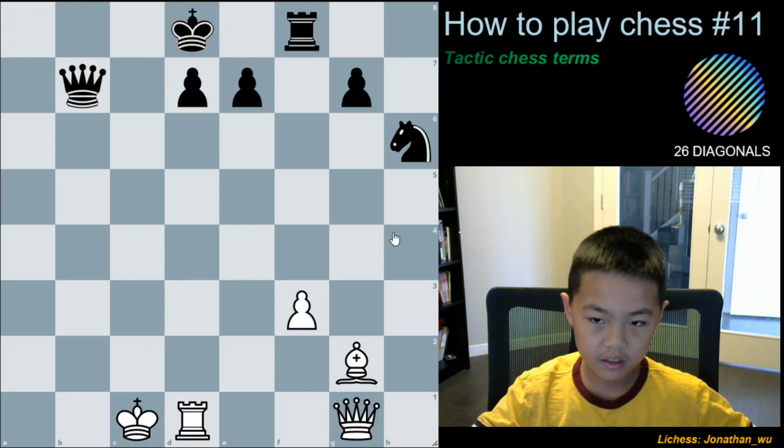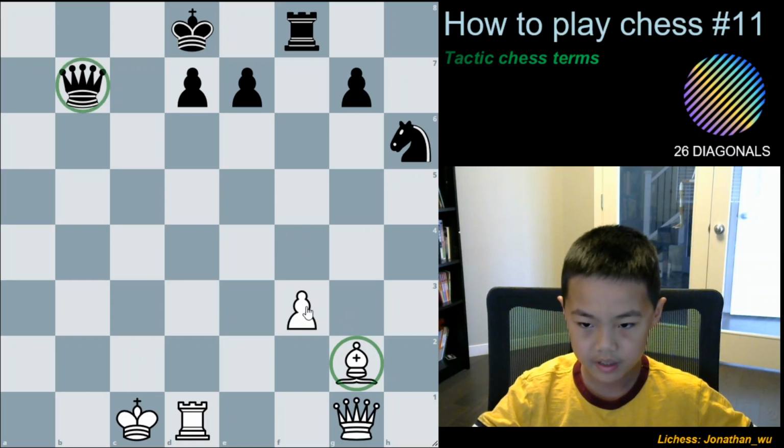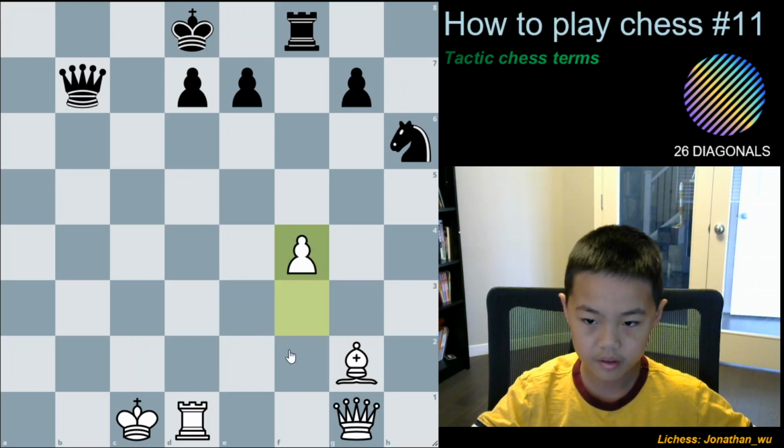And the discovered attack is basically when you have a piece that is attacking the queen if you move the piece that is blocking the path, which is the pawn right here. Now it's attacking, and the queen has to move. So yeah.